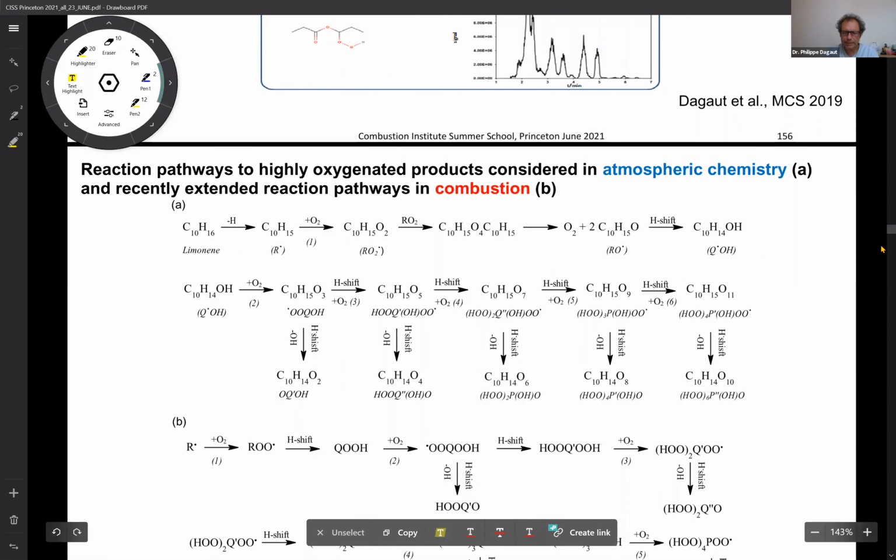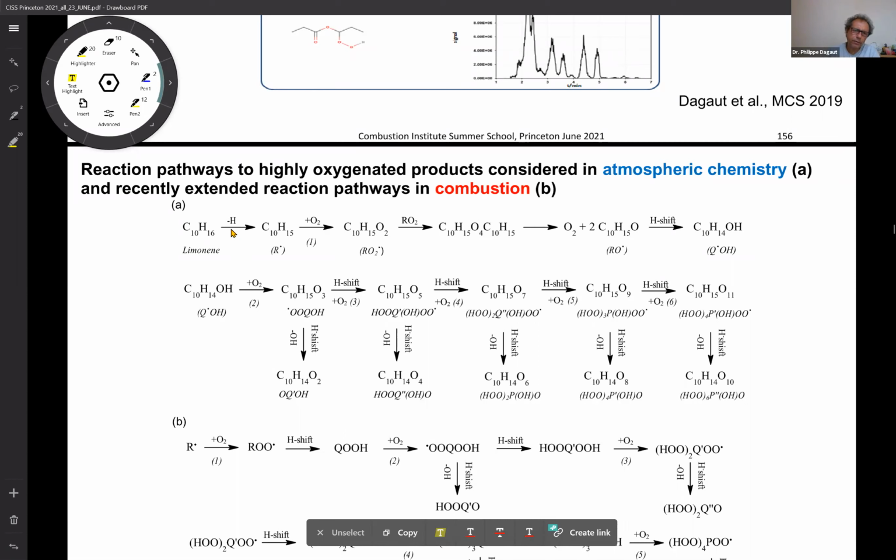We also investigated the oxidation of larger fuels to figure out if these processes were occurring. On this scheme, I show the oxidation of limonene. Limonene is a terpene. Terpenes are natural products emitted by plants, by trees. This one is smelling lemon.